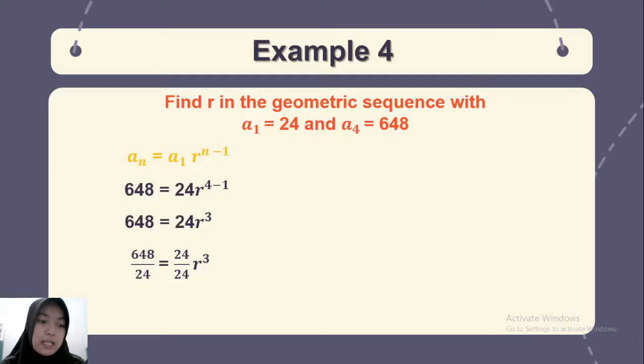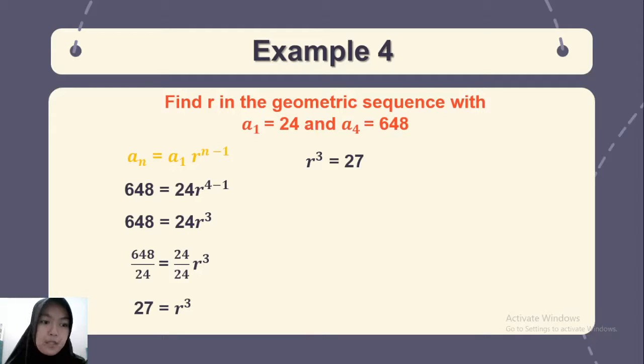After dividing, the result is 27 is equal to r cubed, or r cubed is equal to 27. And this is not yet the final answer. Take note, we need the value of r, not r cubed.